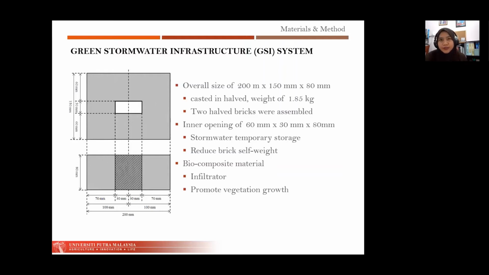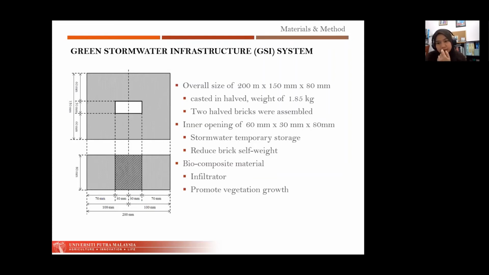It is also expected that the inner storage design could prevent the bonding condition, while at the same time the contaminated flow will be filtered by the embedded biocomposite materials before entering the water bodies.